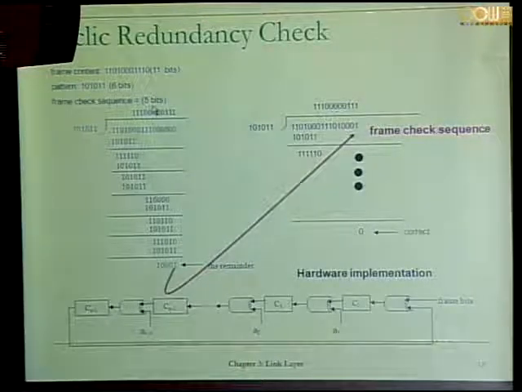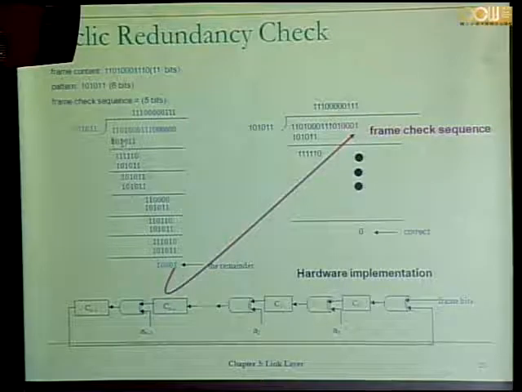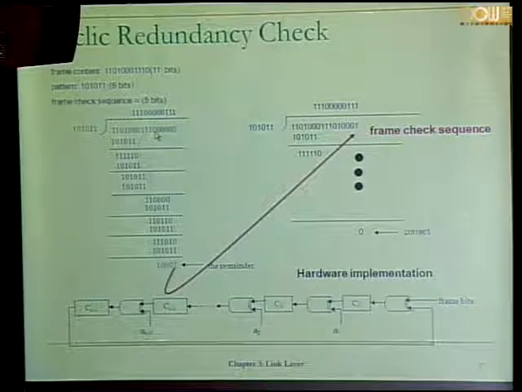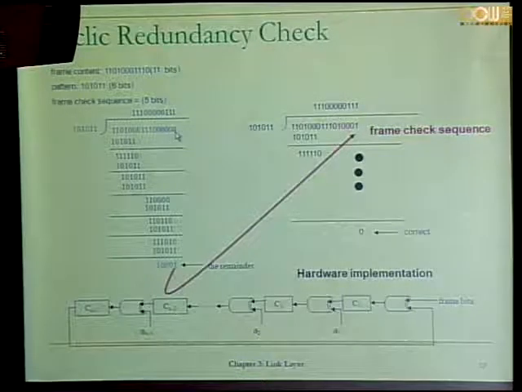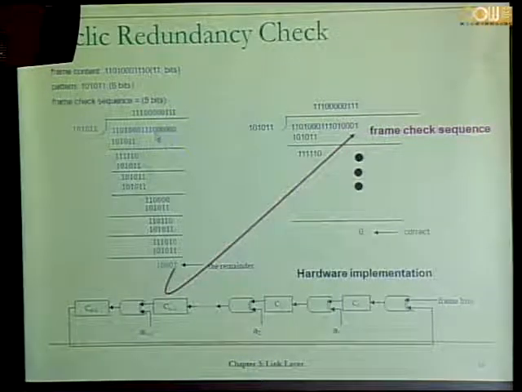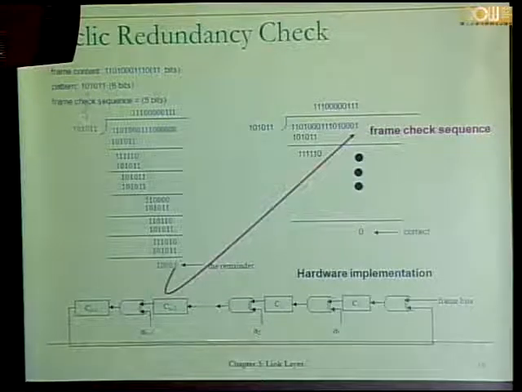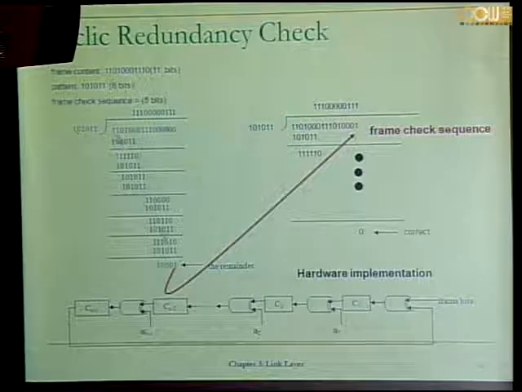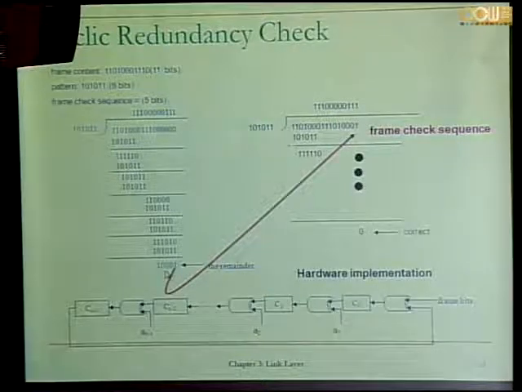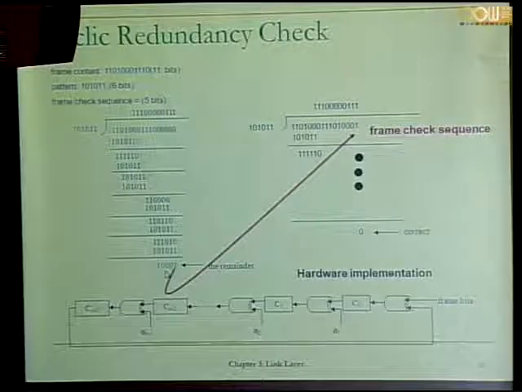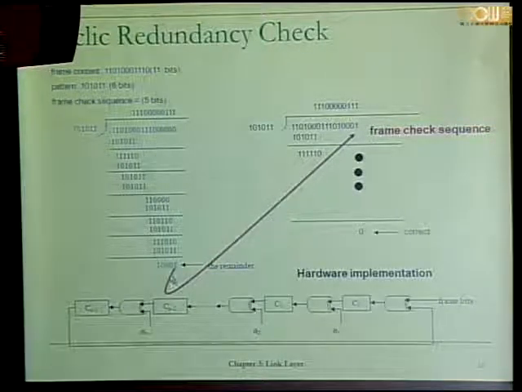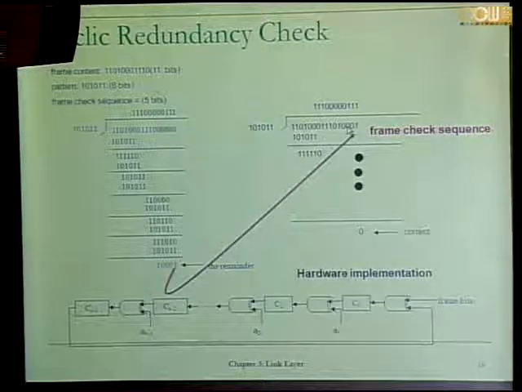Then what would you do at the transmitter? At the transmitter, you do the division. That's the 11-bit data, and you append 5 bits of 0 here, and then you do the division. You take this 6-bit pattern, do the division, and you get a 5-bit remainder. You take this 5-bit remainder as the frame check sequence to append to the end of the frame.